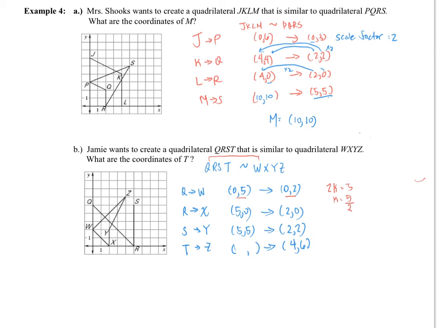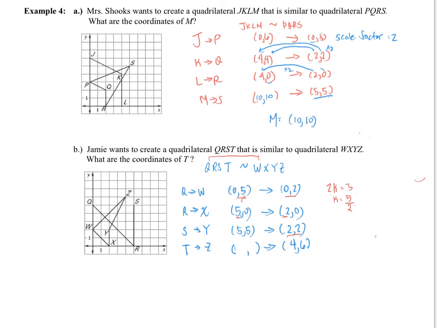Scale factor, so 2 times 5 over 2 gives you the 5. So it seems like there's going to be a reduction here. So we're going to try the same thing for R to X with the x coordinate. So it seems like it's the same case. 2k equal to 5, k equals 5 over 2.